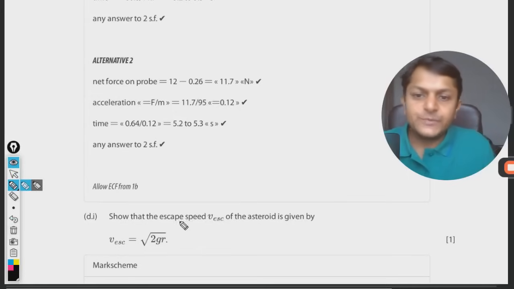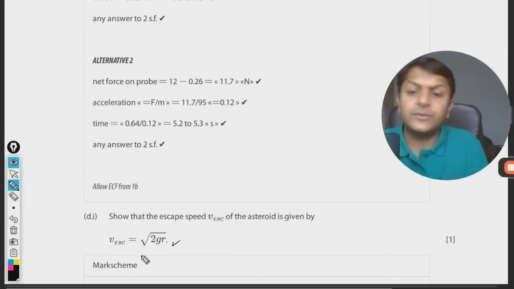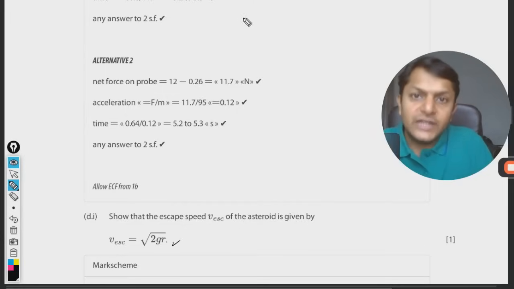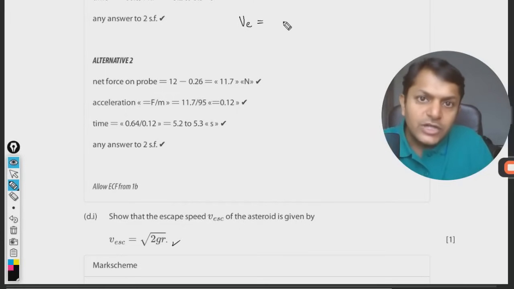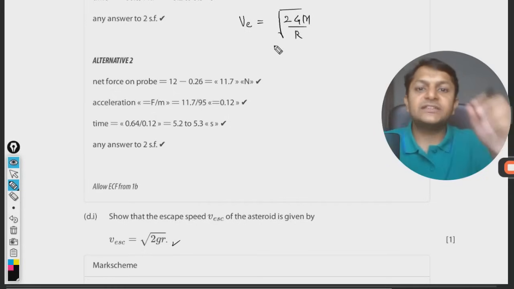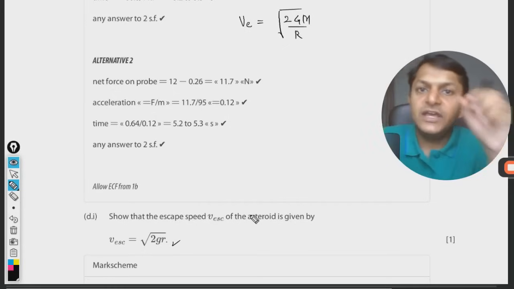Now, show that the escape speed can be given by root of 2gr. This is a typical IB question, again and again they keep on asking this question. So let us see this again. So overall the escape speed formula is given by the square root of 2GM by R, and this R is the radius of the planet.